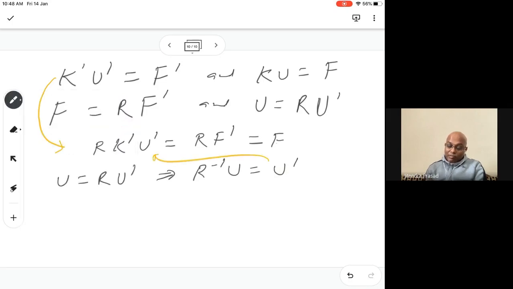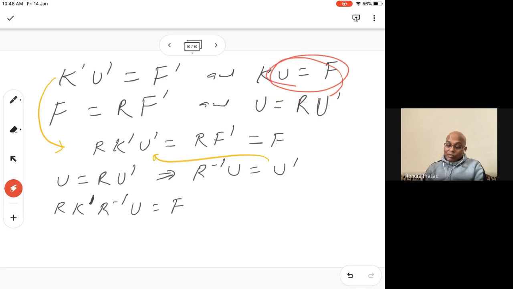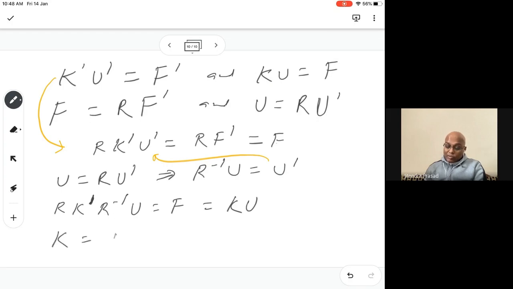And what do we get? We get R K dash R inverse u equal to F. But we know already K times u equal to F, right? So this is equal to K times u basically. That really means K equal to R K dash R inverse.